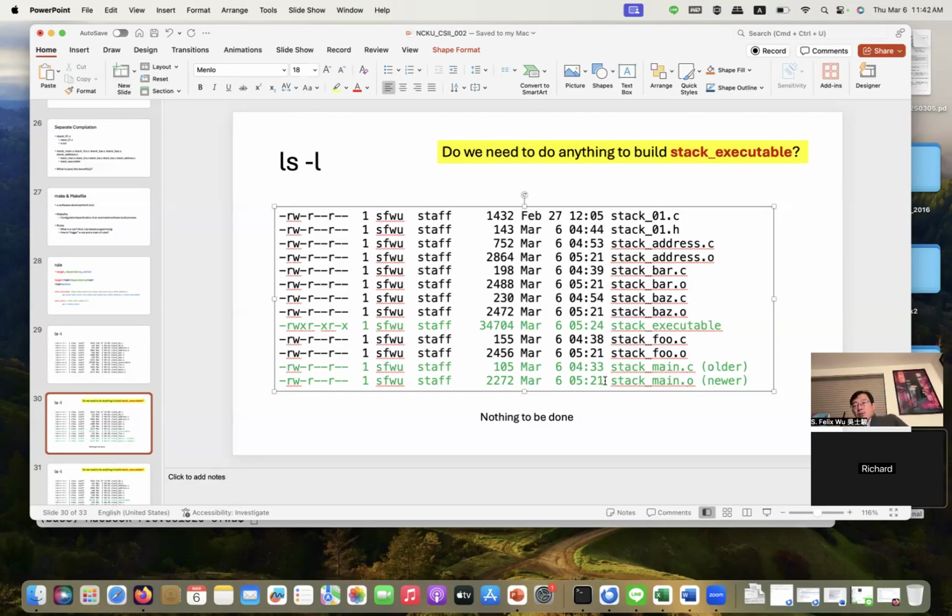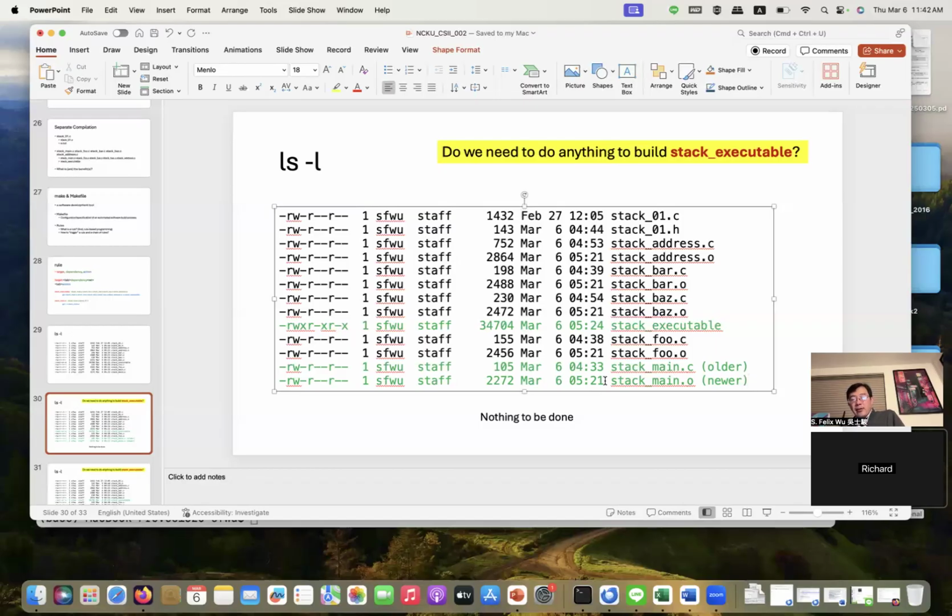about 38 minutes, or thirty-some, 38 minutes, yeah. About 38 minutes after the stackman.c. So essentially, think about this. The timestamp of a file represents when the file was last modified or last created.